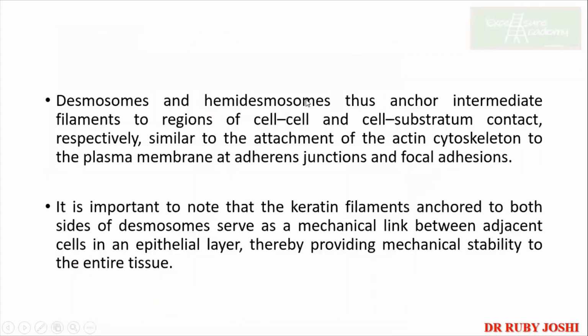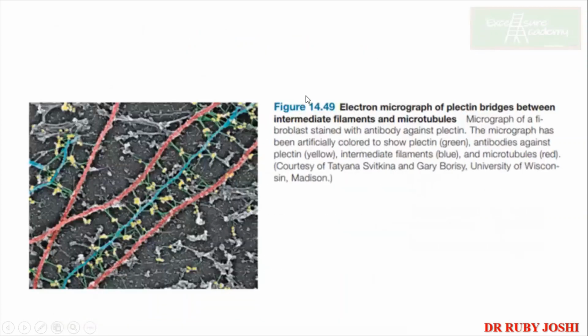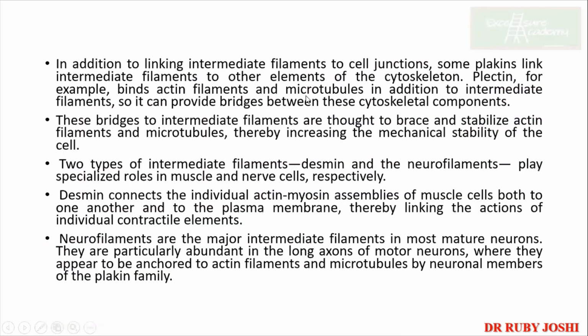But this plectin is also responsible for making connections with the actin filaments as well as the microtubules, along with the intermediate filaments. I'll show in the figure how this plectin is actually making the bridges between the cytoskeleton components. All three are connected with the help of plectin. These bridges to intermediate filaments are thought to brace and stabilize actin filaments and microtubules, thereby increasing the mechanical stability of the cell.